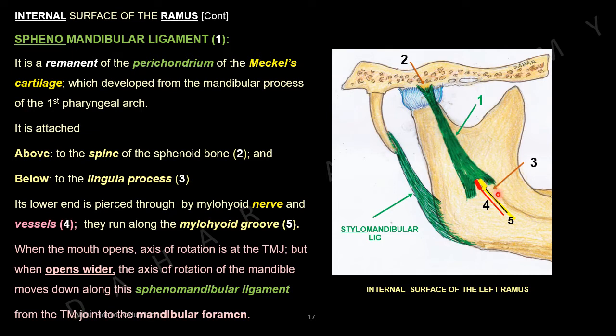We have already mentioned the lingular process. The lower part of the sphenomandibular ligament is pierced through by mylohyoid nerve and mylohyoid vessels. After that, they run along the mylohyoid groove, number 5.